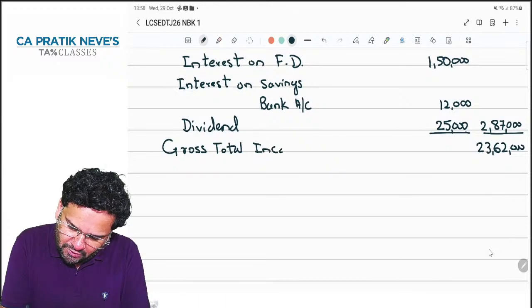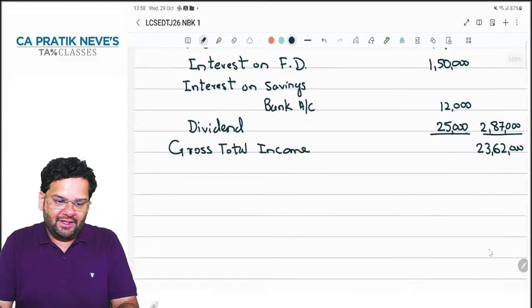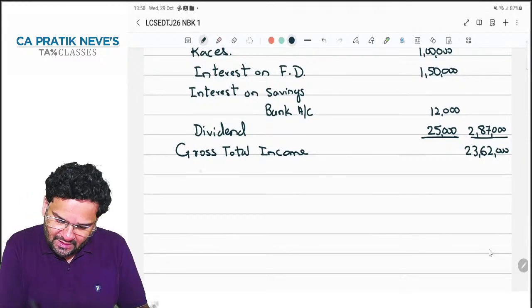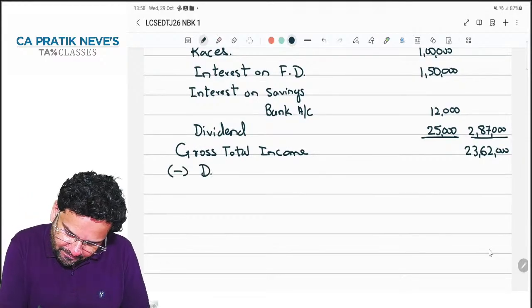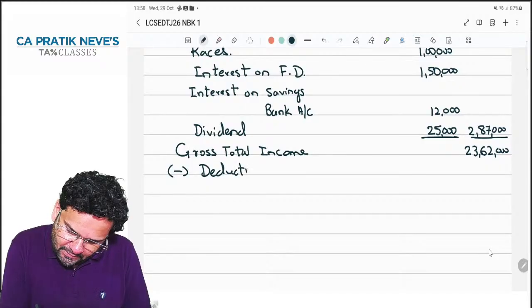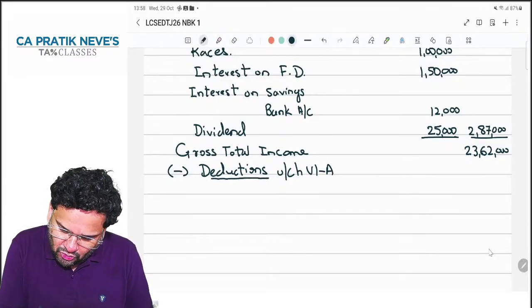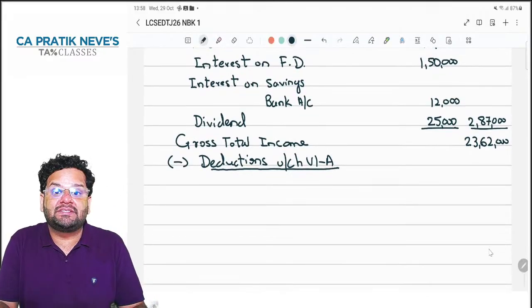What it will be called as? It will be called as gross total income less deductions under chapter 6A.